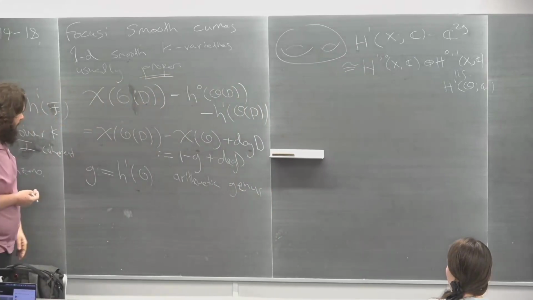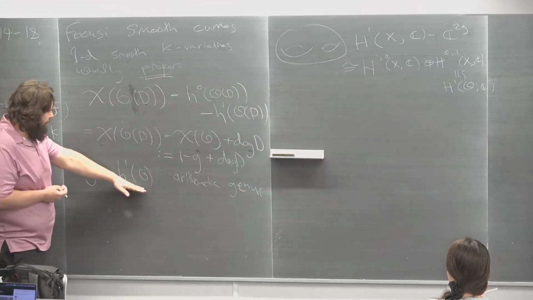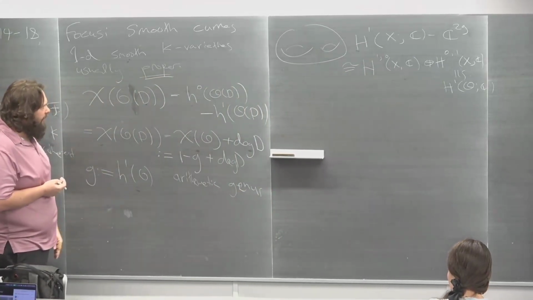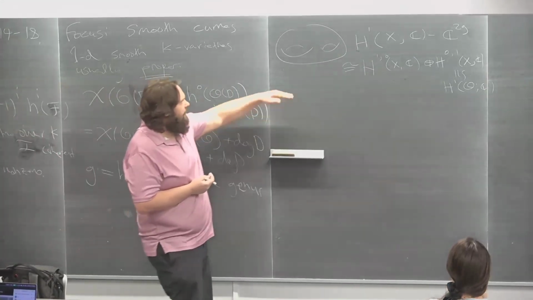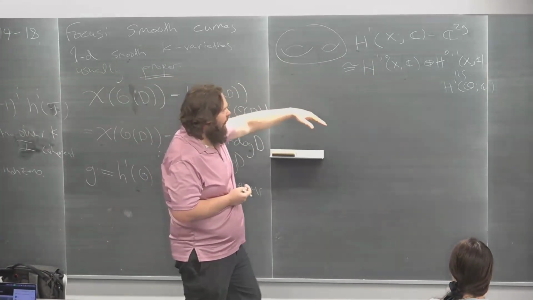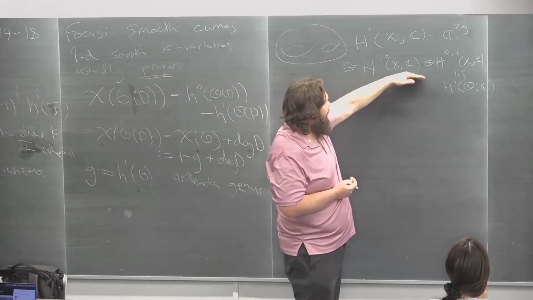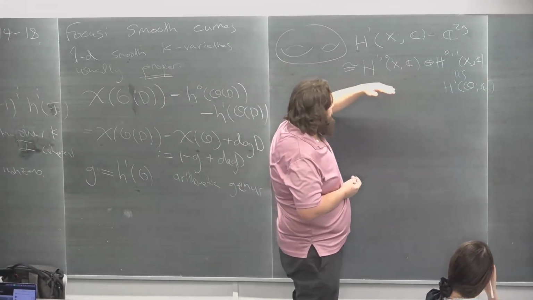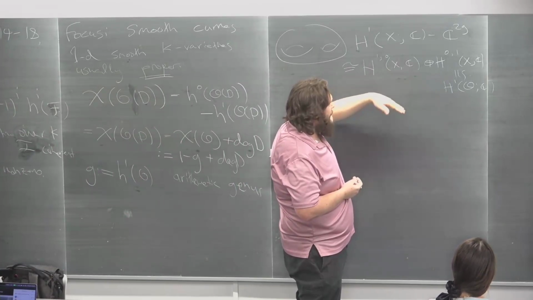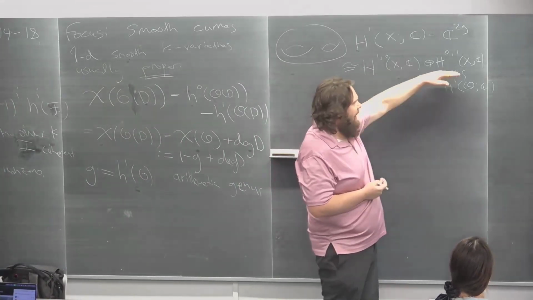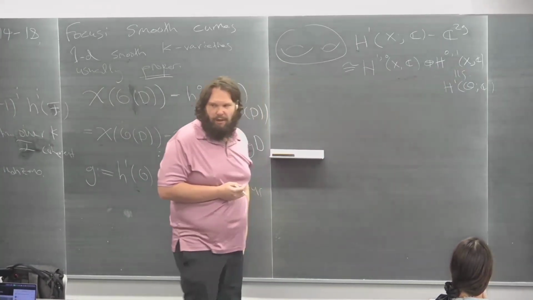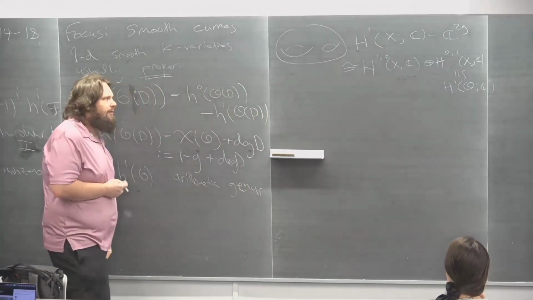If you think about this in terms of complex valued one forms, where this decomposition comes from is that half of these are represented by holomorphic one forms, and half of them are represented by anti-holomorphic one forms.